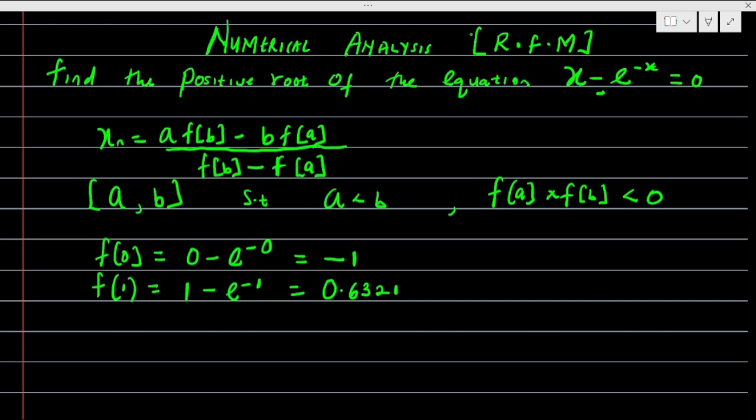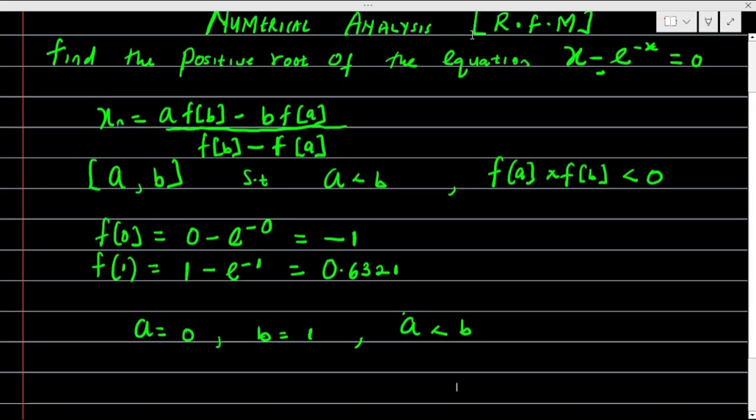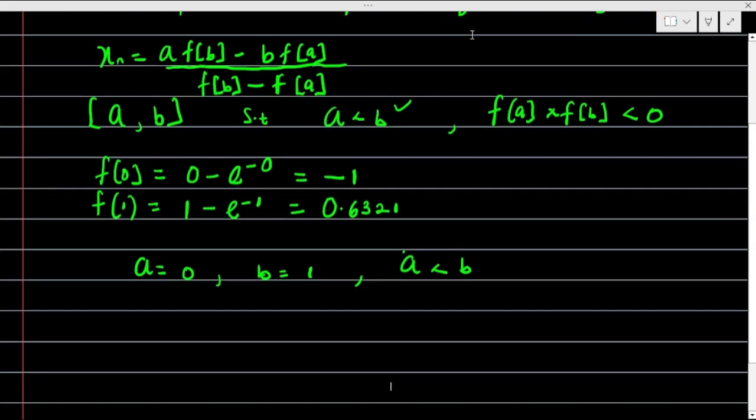So let's confirm these numbers. Our value of A is 0 and our value of B is 1. We can now confirm that A is less than B. You can see 0 is less than 1, so this is checked. Let's confirm the second one. What is f of A multiplied by f of B?